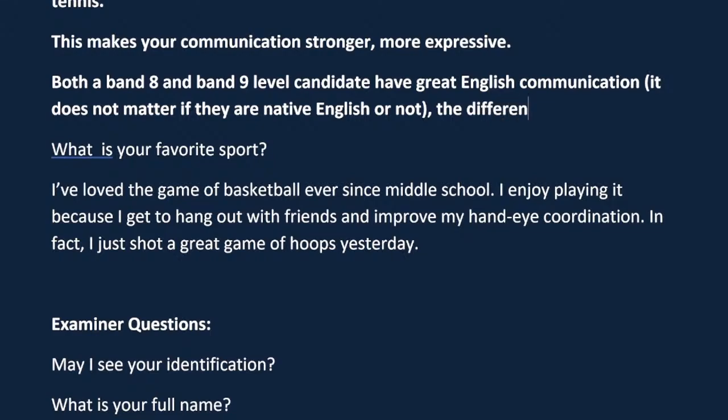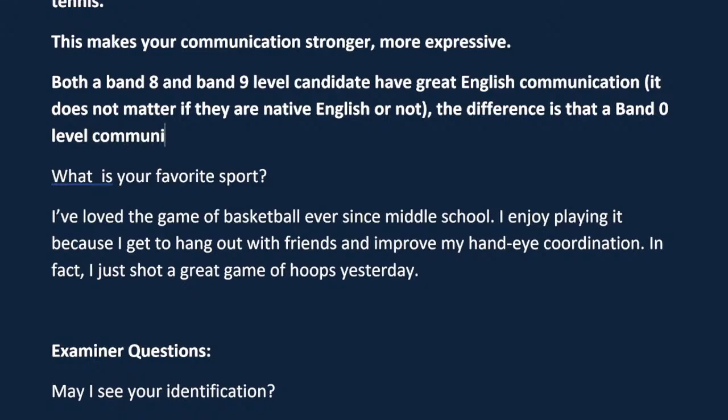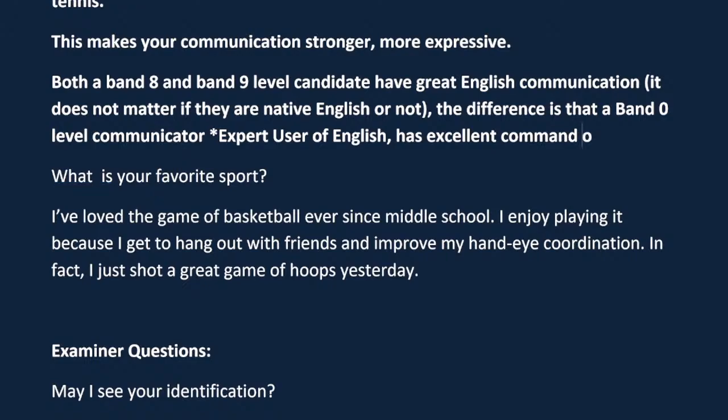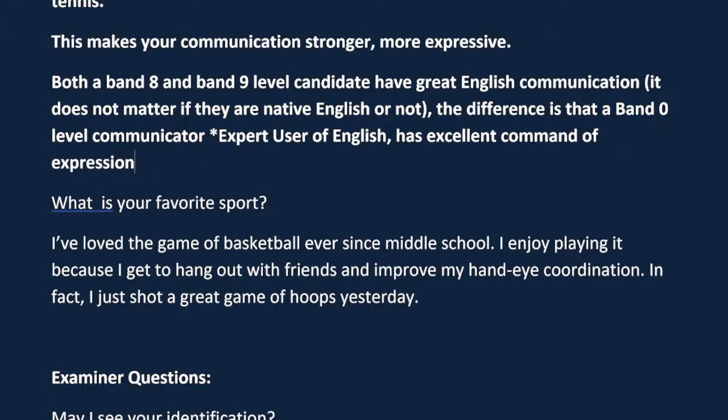The difference is that a band 9 level communicator, which is called an expert user, has excellent command of expression.